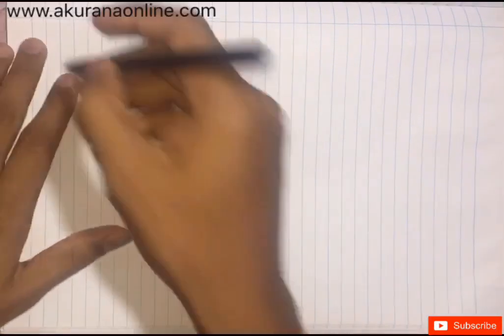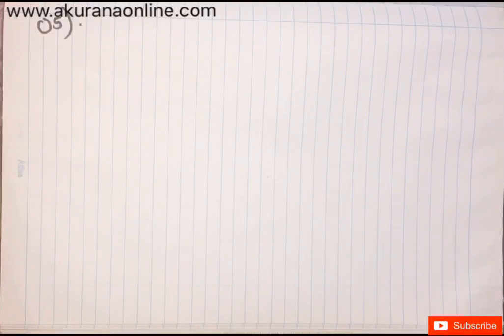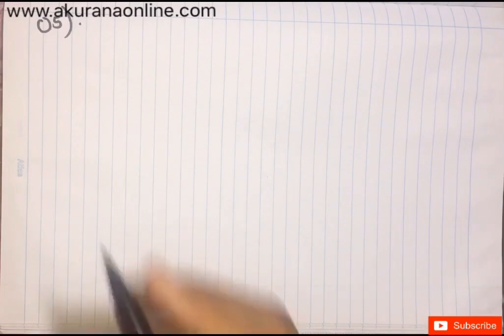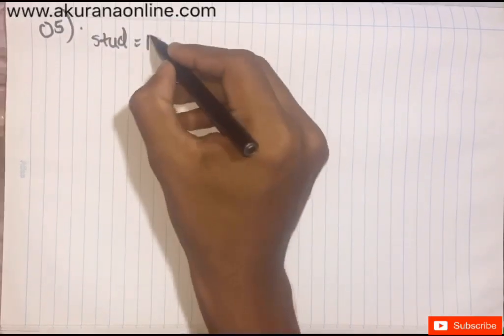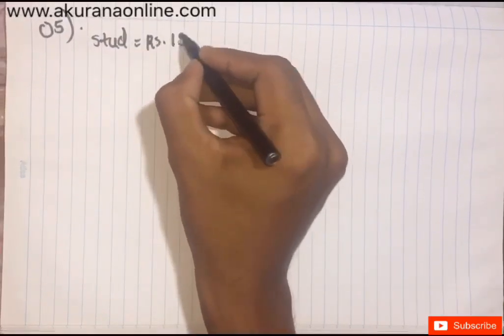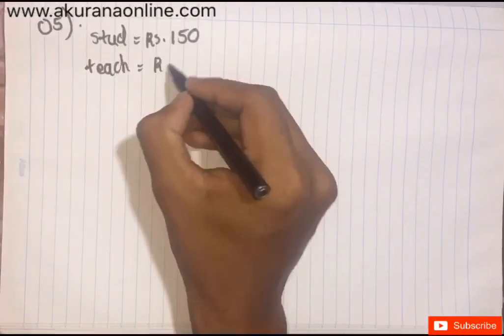It's about simultaneous equations you have to solve. The following describes how the students and teachers of a school are involved in a tree planting event organized by the school. A total of 16,500 is collected, with each student contributing 150 and each teacher contributing 500. A student is giving an amount of 150, and teachers are giving an amount of 500 rupees.